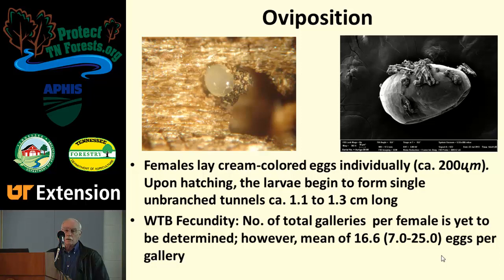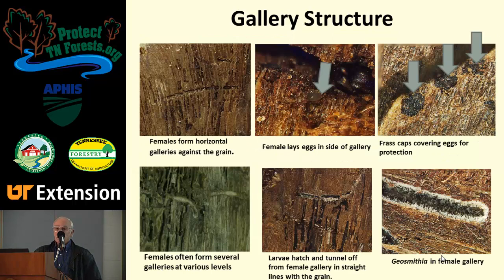Catherine has found, by looking at the eggs from individual galleries, that she lays a range of 7 to 25 eggs. And as time goes on, we'll probably refine the mean for each gallery, so that it gives you some idea as to what happens whenever she does bore into the tree.